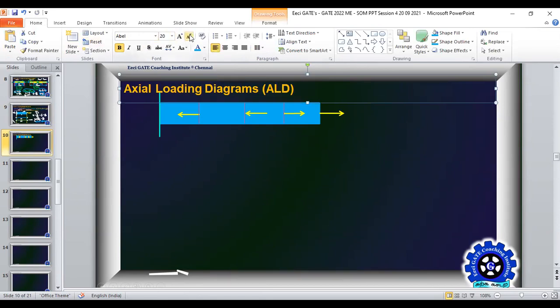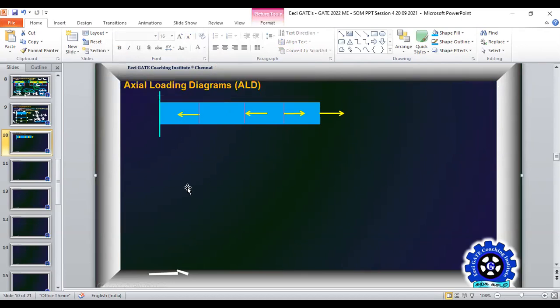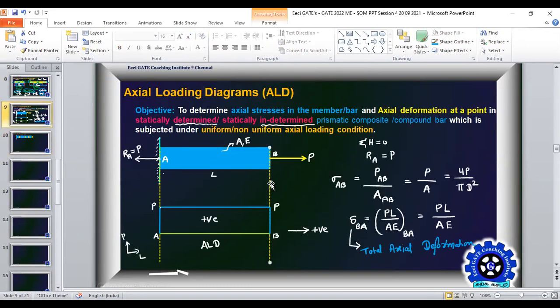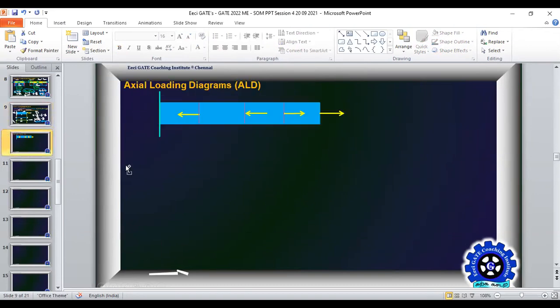First draw the figure. One end fixed or not, sir? Yeah, of course, one end is fixed. Now we can draw the figure in a comfortable manner.